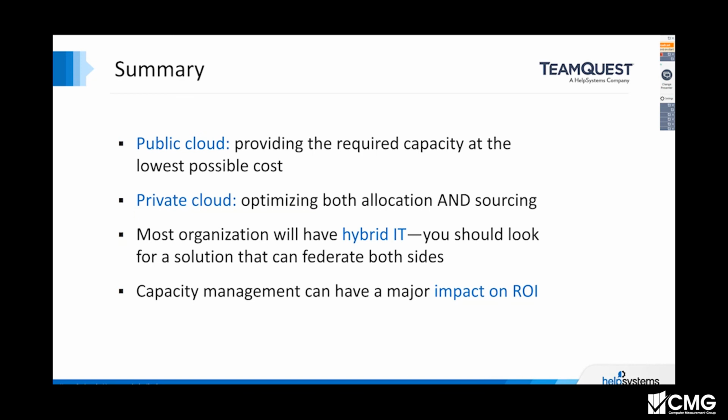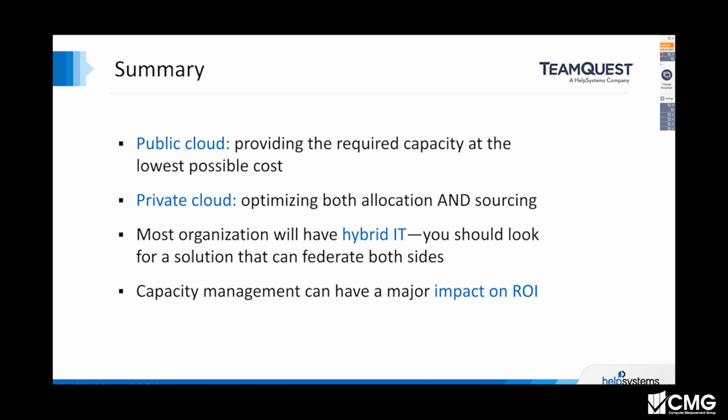And it's also important to remember, most organizations will have hybrid IT. So you need to look for a solution that can address both sides of this. So you need to have one foot in the traditional, legacy data center IT, as well as one foot in the public cloud, the workloads running in the public cloud, because you will have business services that go across.